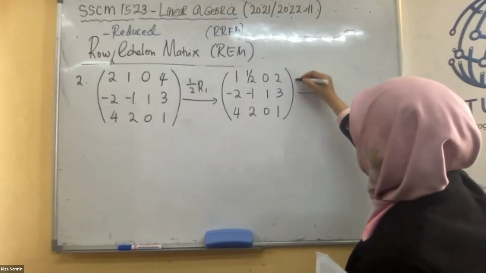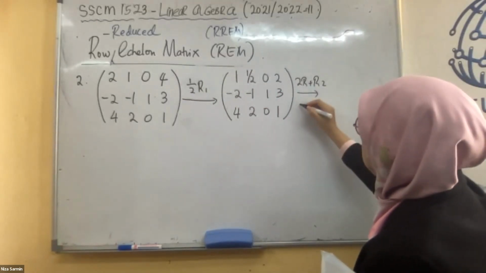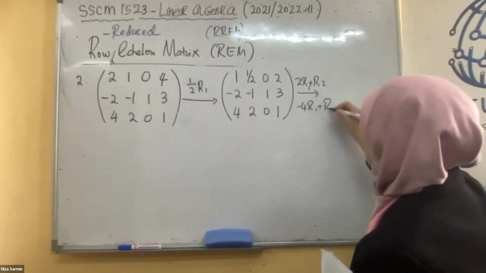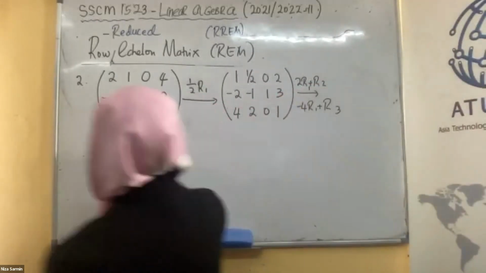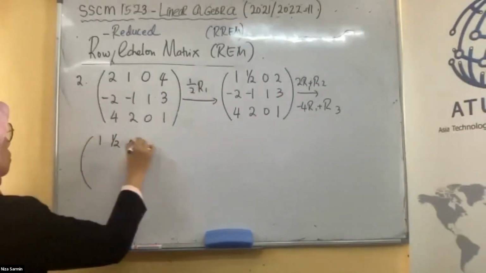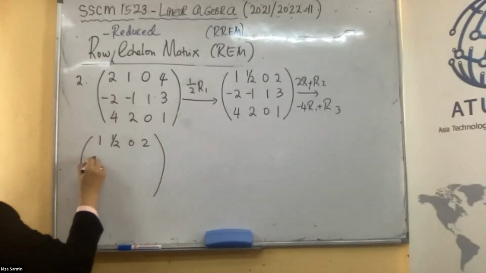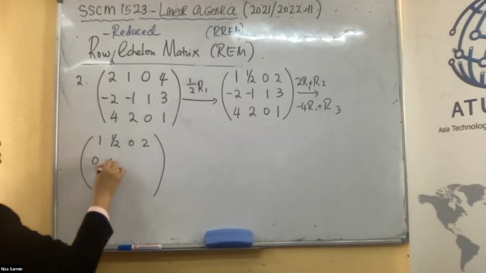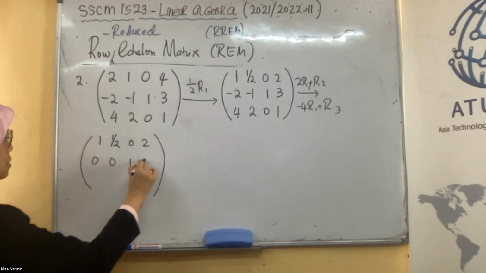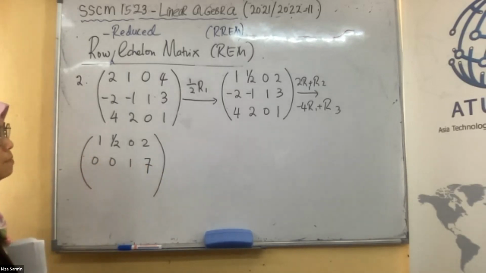Next one I 2R1 plus R2. Okay, then? Bawah -4R1 plus R2. Right. Okay, so we will do copy. 2R1 plus R2, 0, 0, 1, 7, right?